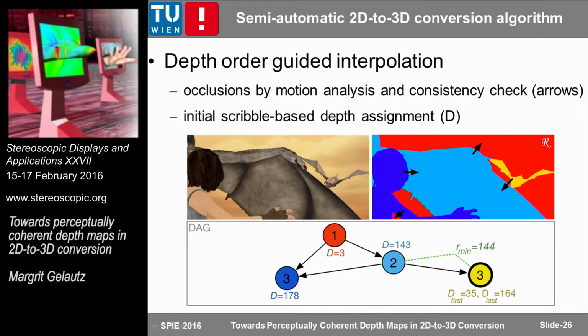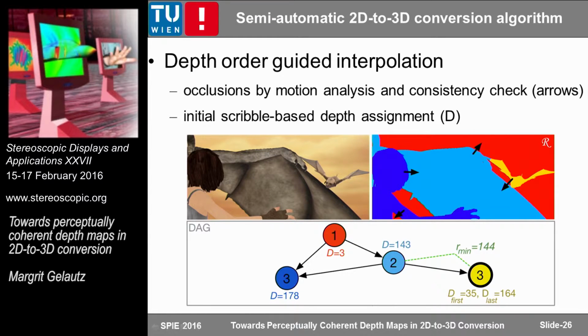They are computed by detecting inconsistencies between the forward and backward optical flow, and the motion vectors also give us information on which segment is in front of the other one. And this directed occlusion is shown by the arrows here. For example, this arrow is pointing from the light blue to the red area, so that means that the red segment is further in the back and it's partially occluded by the light blue segment.